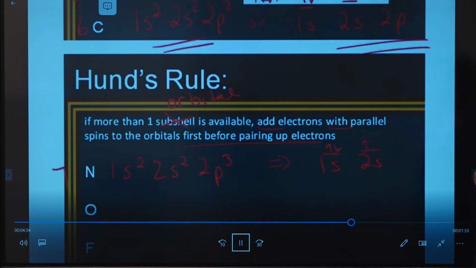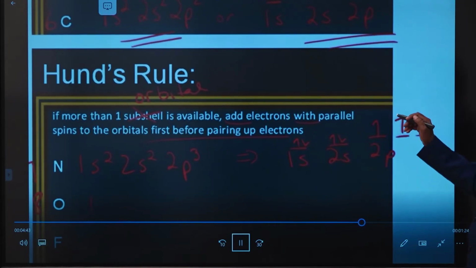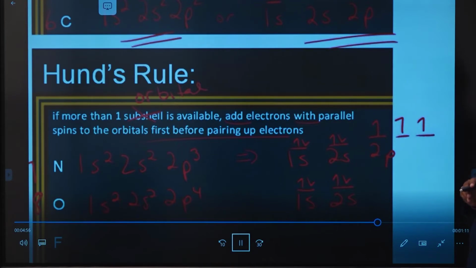Apply Hund's rule of maximum multiplicity. Each orbital containing 2 electrons, one is clockwise, the other anti-clockwise. And this is the meaning of Hund's rule of maximum multiplicity. According to Hund's rule, each orbital present in the 2p subshell has 1 electron.